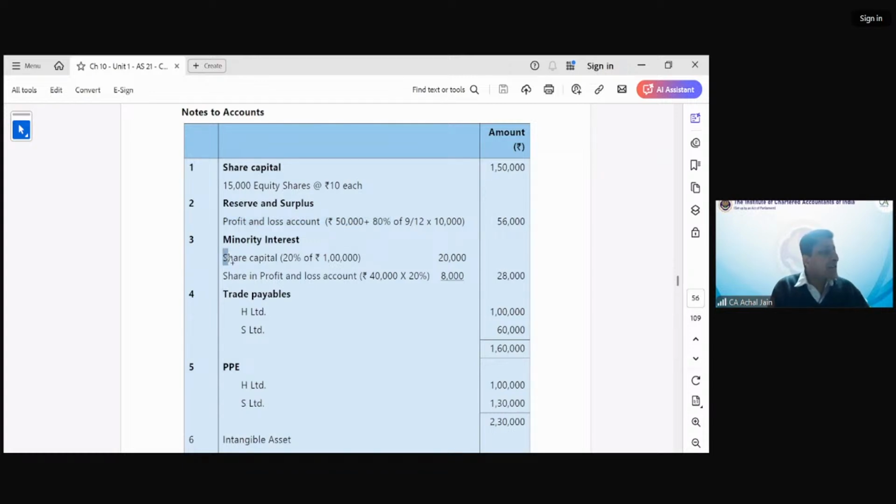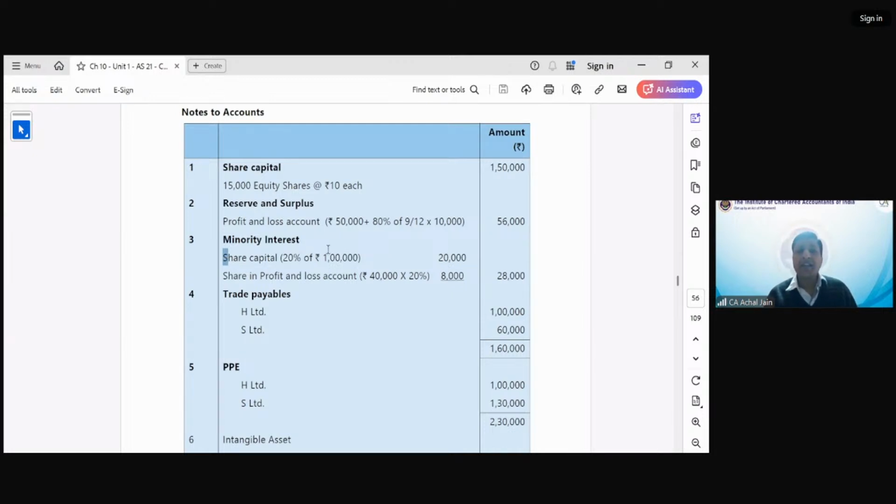Minority interest. If you look at this information around the minority, what will you do? You will pick up the proportionate share of net assets on the balance sheet date.